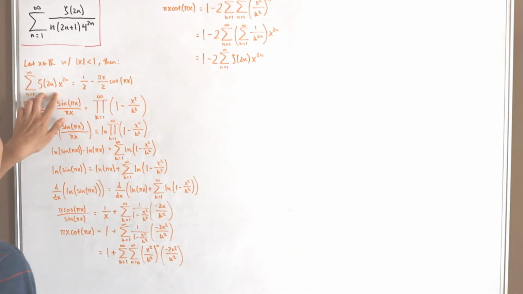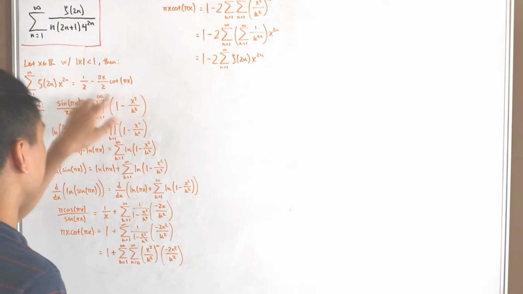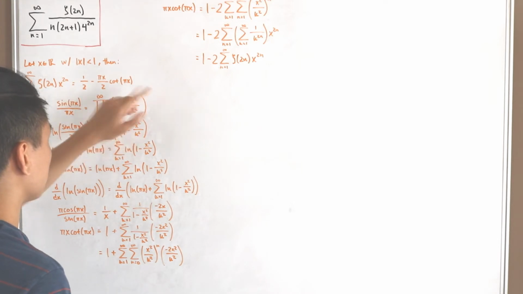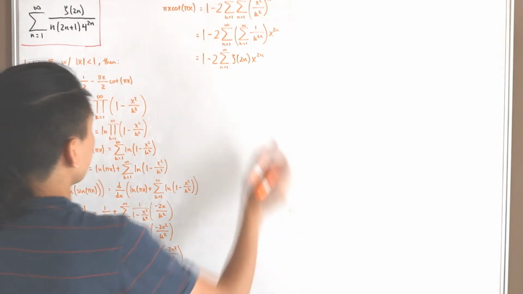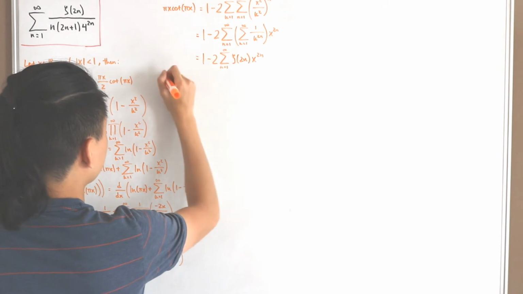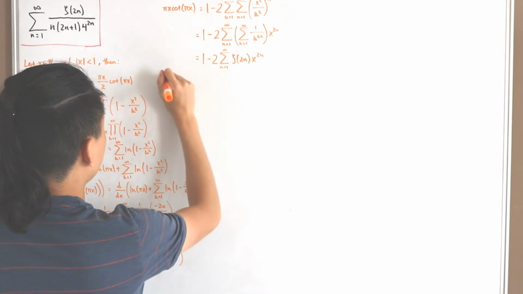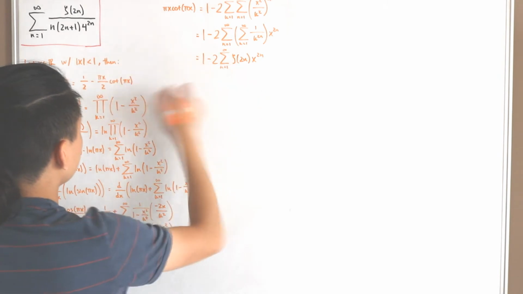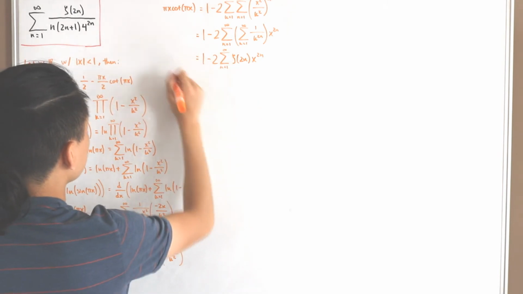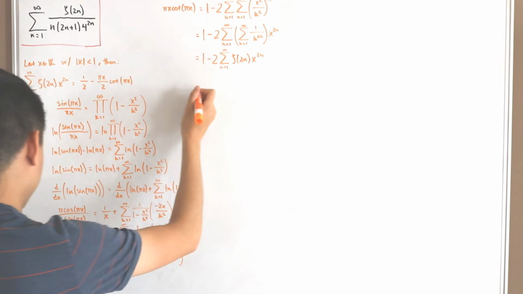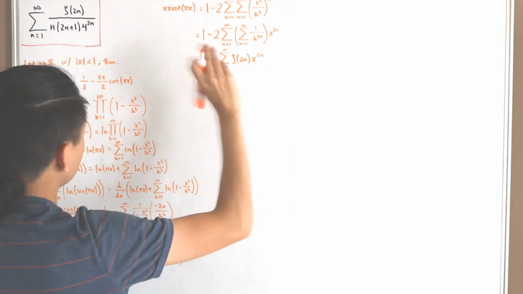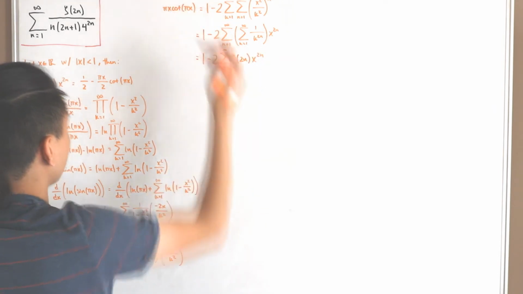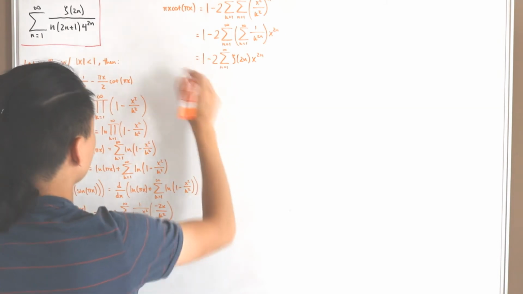We want to show our lemma: that the infinite sum of Riemann zeta of 2n times x to the 2n is equal to 1/2 minus pi x over 2 times cotangent of pi x. So now the rest is history from here. You'll see that I can subtract a 1 and then also divide by -2. I'll skip the steps, since I can rearrange the terms, as it is commutative with addition and subtraction.